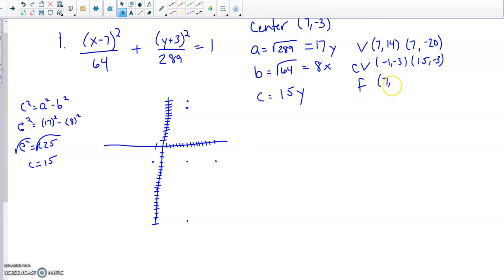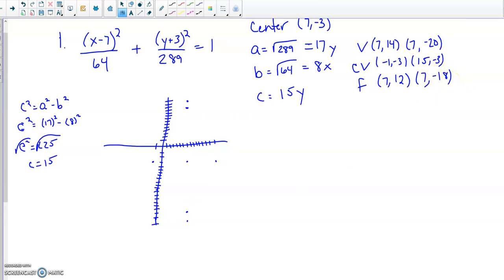That's going to be 7 and 12. I forgot for a second. I know 7 is going to be the answer again. So 1, I forgot 15. That'll be negative 18.